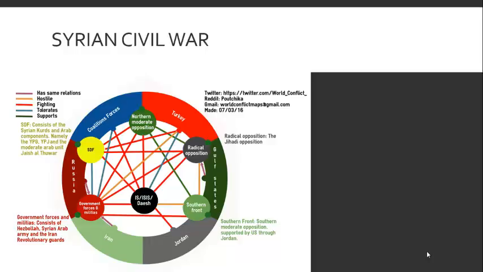Now, one thing to make clear about Russia's involvement in the Syrian civil war, their official PR position and why they got involved in the first place: there was actually a Russian plane that was shot out of the sky. ISIS took responsibility for it, and Russia got to use this as a pretext to get involved in the Syrian conflict.